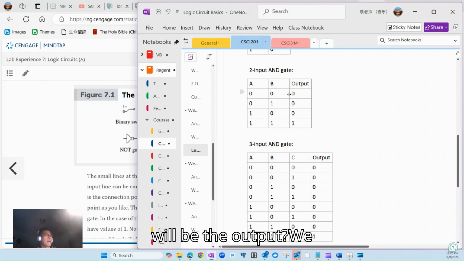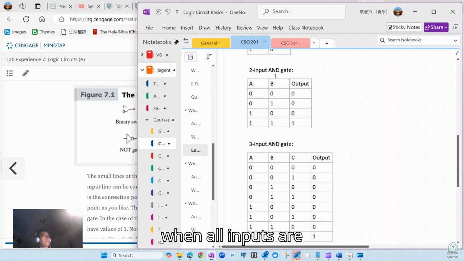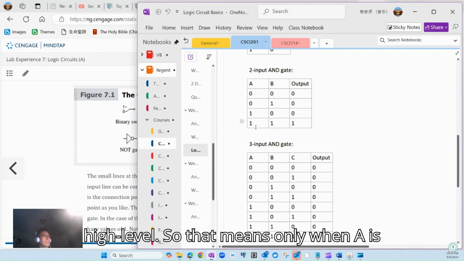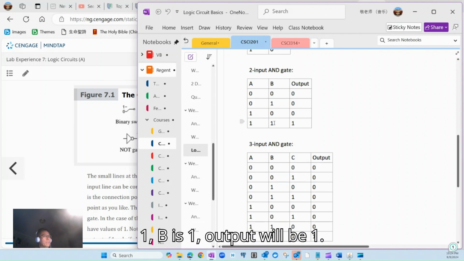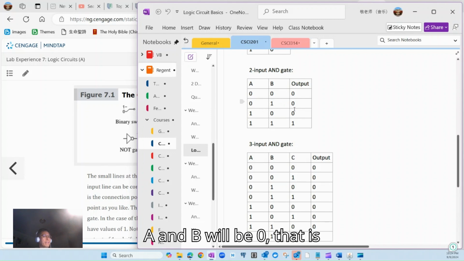Now, what will be the output? We know that the meaning of the AND gate is only when all inputs are 1, or high level, the output will be 1, high level. So that means only when A is 1 and B is 1, the output will be 1. All other combinations of the input of A and B will be 0.